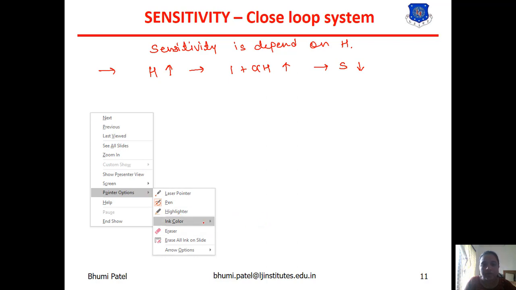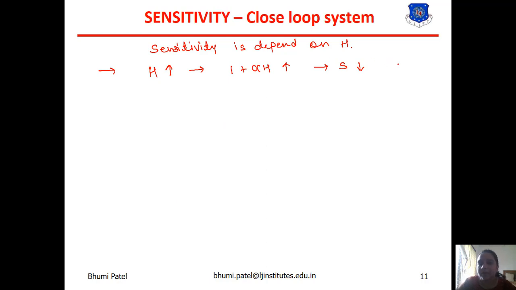Because the equation for sensitivity S is equal to 1 upon 1 plus GH. So whenever the value of H is increased, the value of the denominator is increased, so the sensitivity decreases. Vice versa, whenever the value of H is decreased, the term 1 plus GH is decreased, so the value of sensitivity increases.